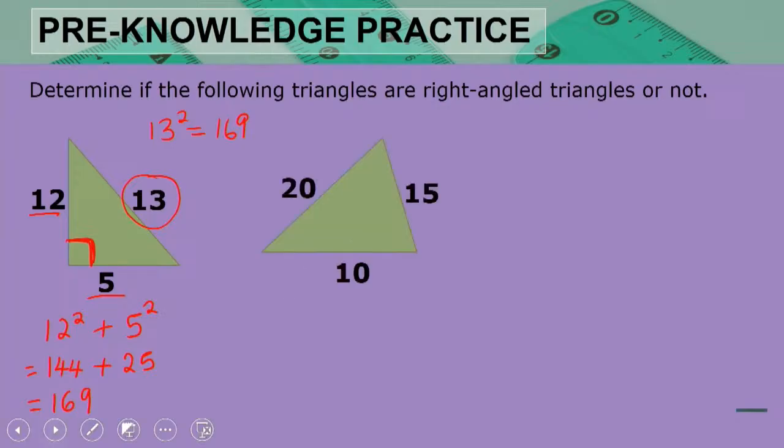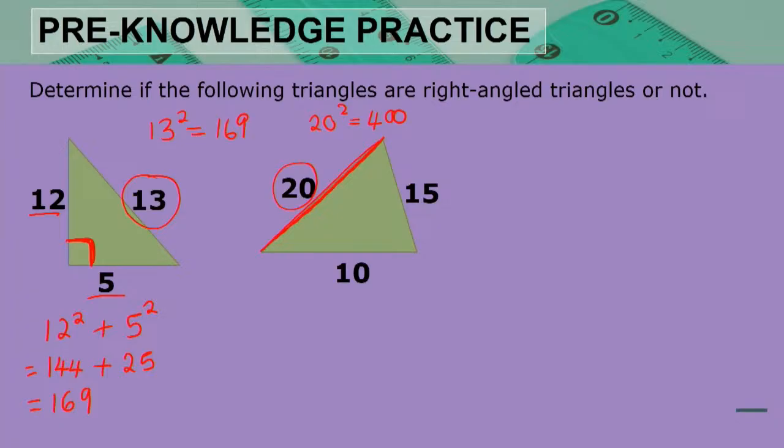Let's move on to the next one. What we have here is another triangle that we need to determine whether it's a right-angled triangle or not. We are going to look for the longest side, and the longest side is this side over there because it is 20. Then we need to figure out if this side squared, so that is 20 squared, which is 400, is equal to the sum of the squares of the other two sides.